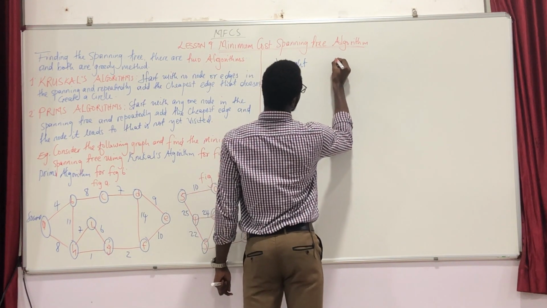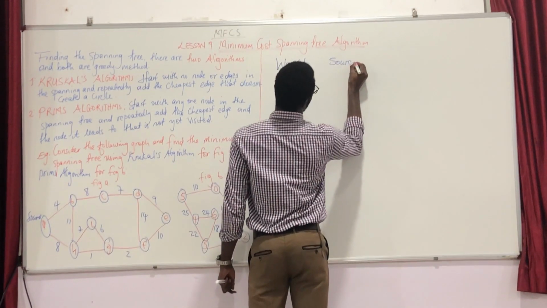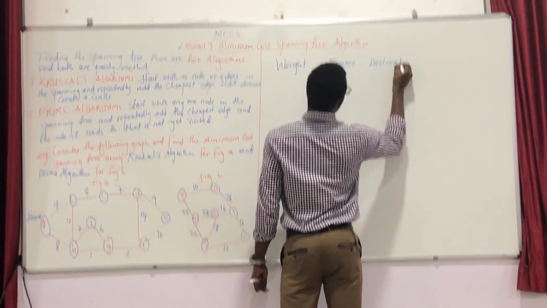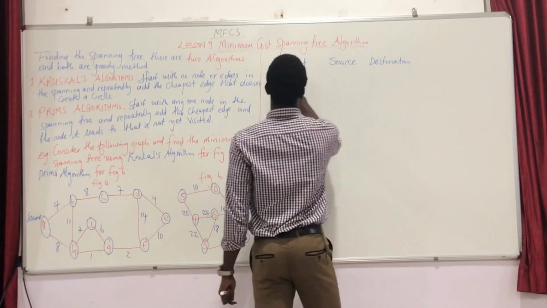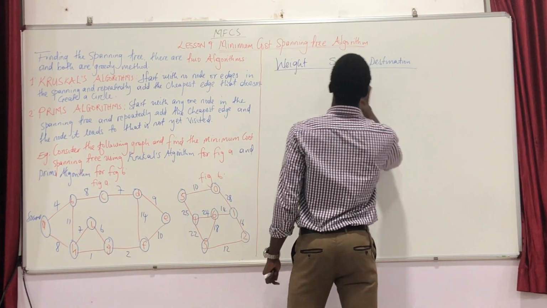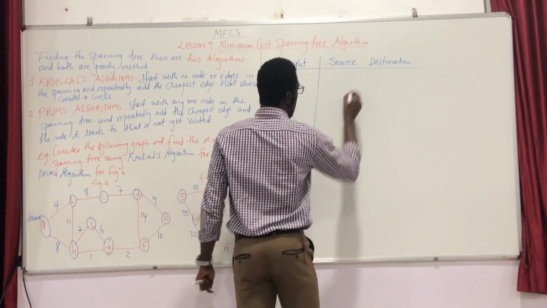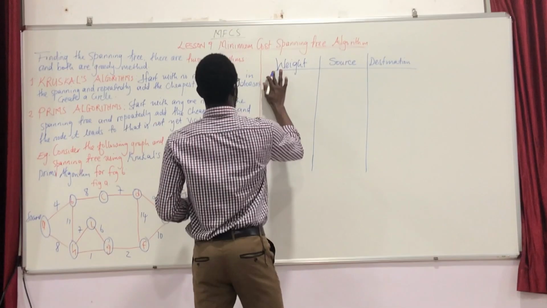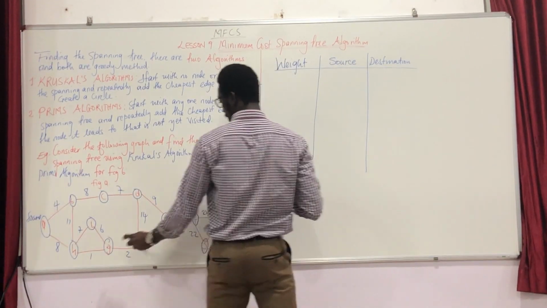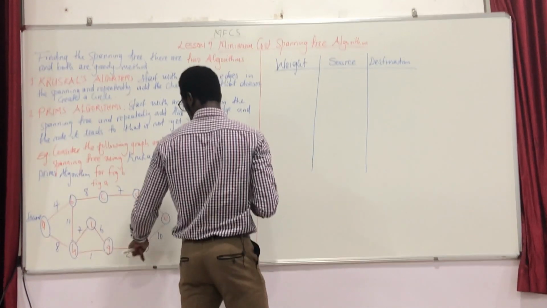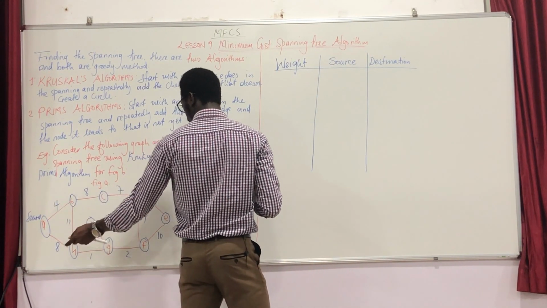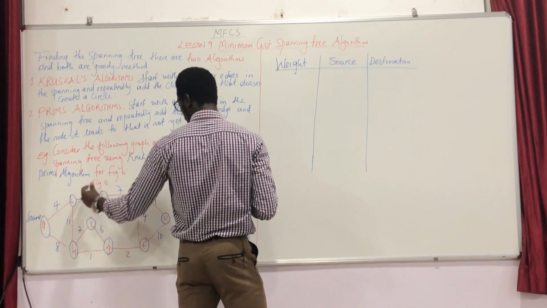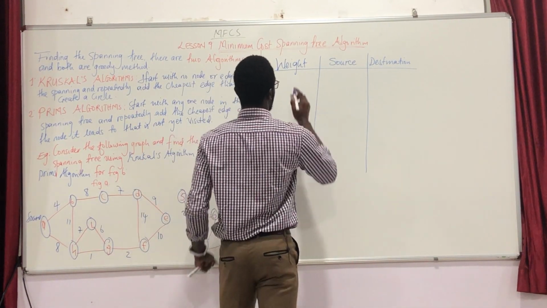Then our source and the destination. So we'll start with the least weights. We'll start from 1, 2, no 3, we'll go to 4, no 5, we'll go to 6, 7. 7 appears twice, 8 appears twice.